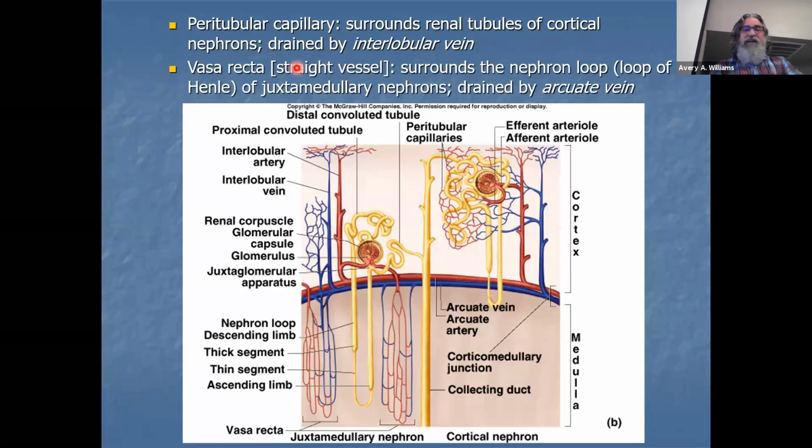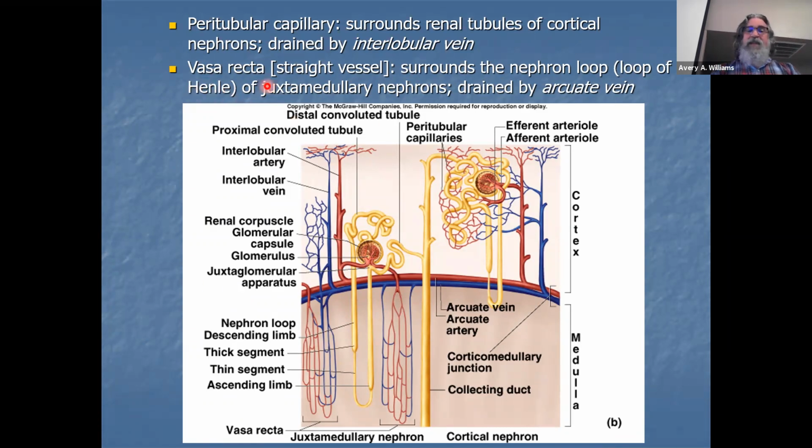Now, the vasa recta, which means straight vessel, because they're going parallel with these portions of the nephron called nephron loops. So the vasa recta surround the nephron loop, or sometimes it's called the loop of Henle. That's the old eponym.